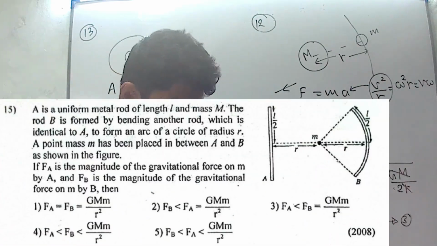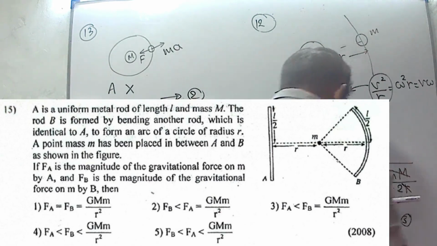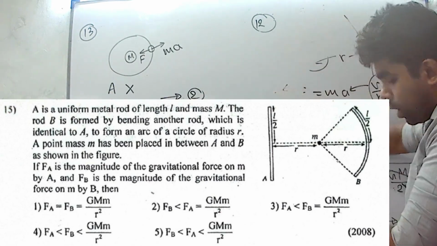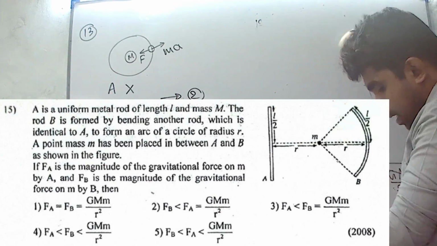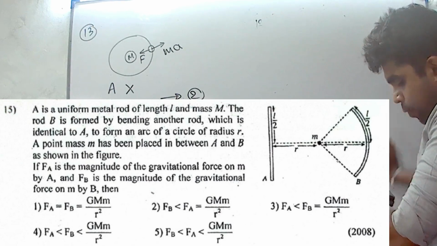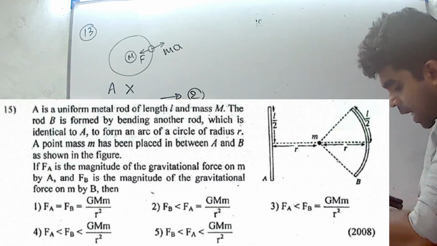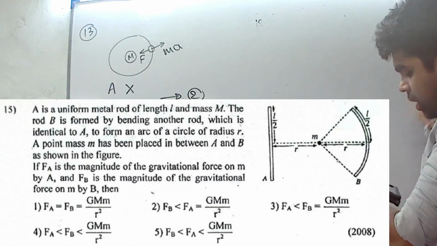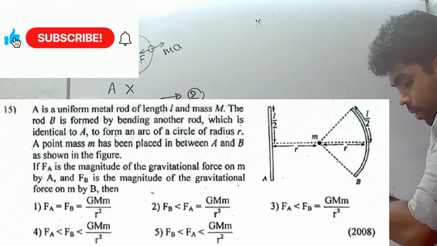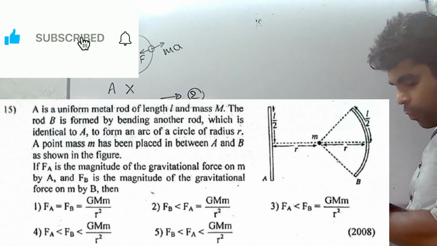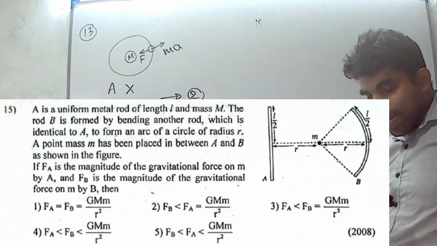Then question number 15. A is a uniform metal rod of length L and mass capital M. The rod B is formed by bending another rod, identical to A, to form an arc of a circle of radius r.